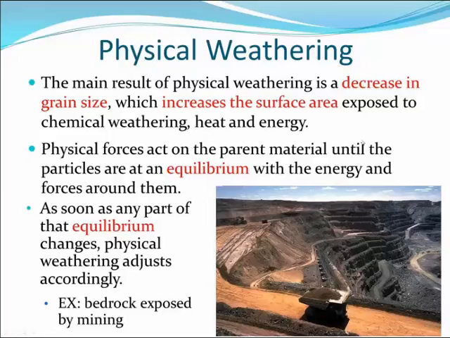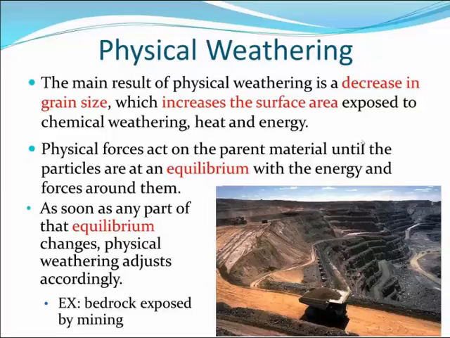The main result of physical weathering is to decrease the grain size, which increases the surface area exposed to chemical weathering, heat, and energy. Again, as the grain size decreases from boulders to cobbles to gravel to sand and further into clay and oxides, the surface area increases greatly.